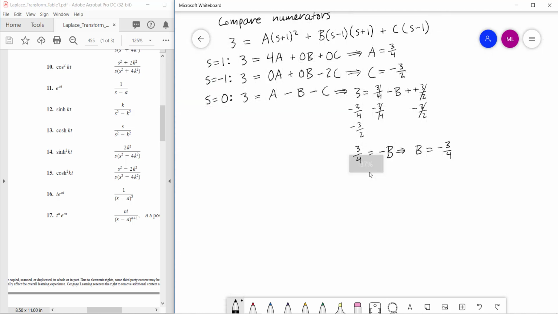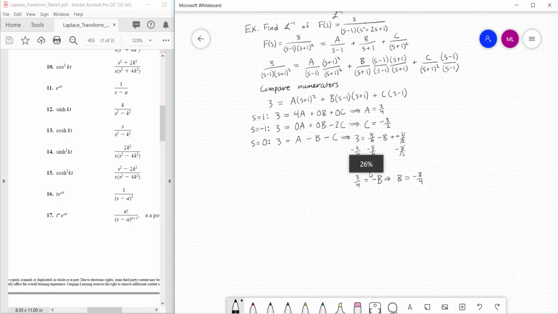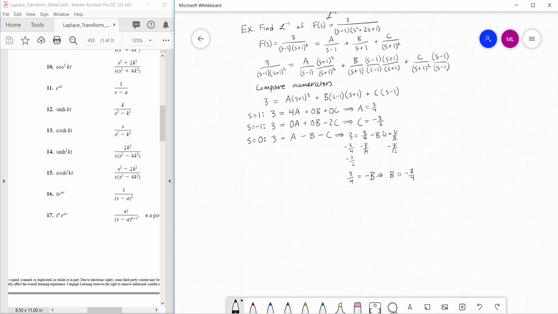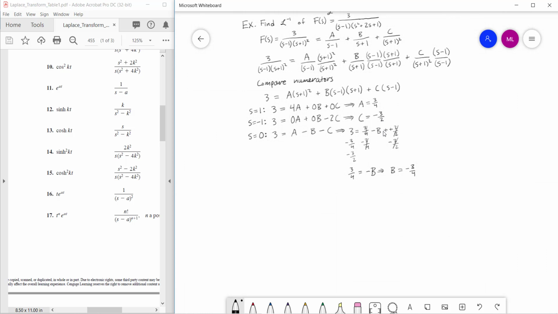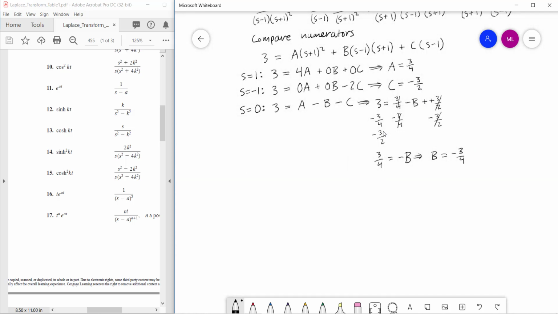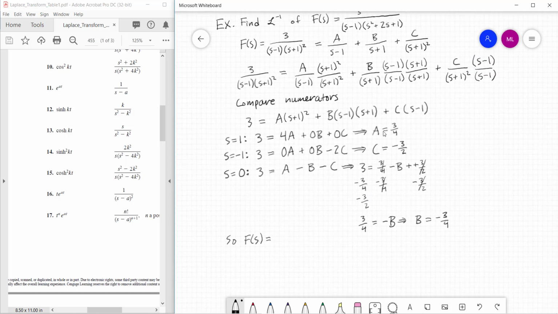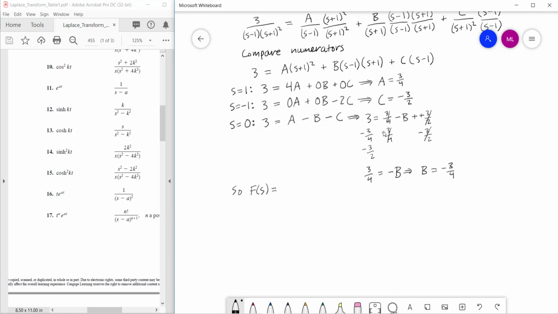So what we get when it's all said and done is this form with these values of a, b, and c. So f of s is equal to a, which is 3/4 over s minus 1. So 3/4, I'm just going to pull that out in front. 3/4 times 1 over s minus 1.